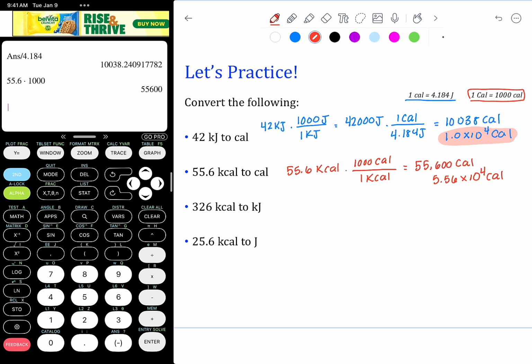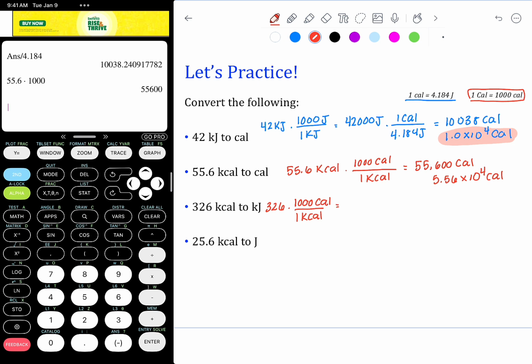So our next problem has us working backwards from our previous examples, where we're starting with kilocalories and we want to get to kilojoules. So we're going to do like we did in our previous problem up above, and we are going to take that 326 and multiply it by 1,000 to get calories. That way our kilocalories will cancel.